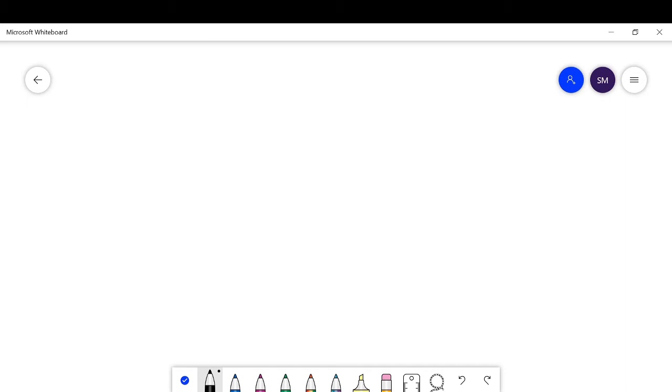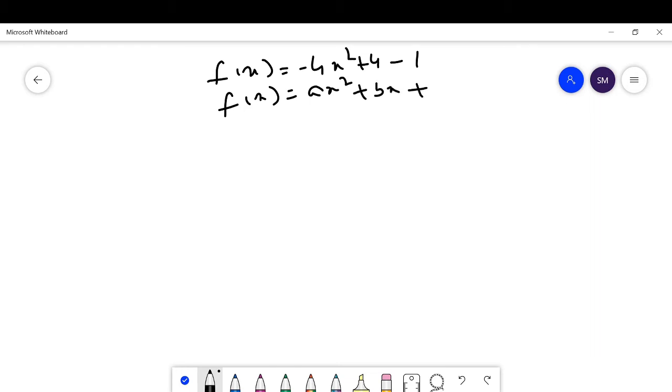Look here. Suppose f(x) is equal to minus 4x square plus 4x minus 1. Compare this quadratic polynomial with f(x) equal to ax square plus bx plus c. Here a is the coefficient of x square, b is the coefficient of x, and c is the constant.